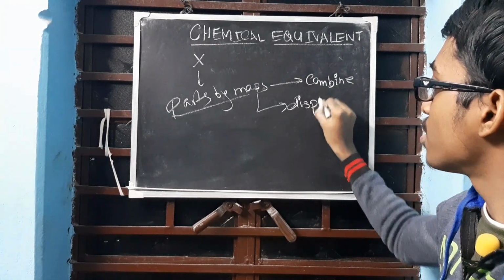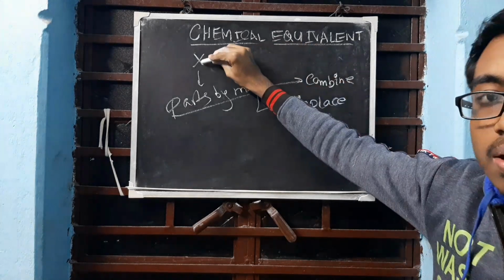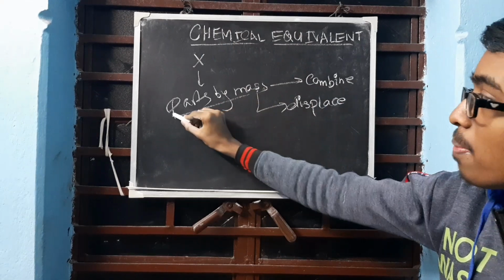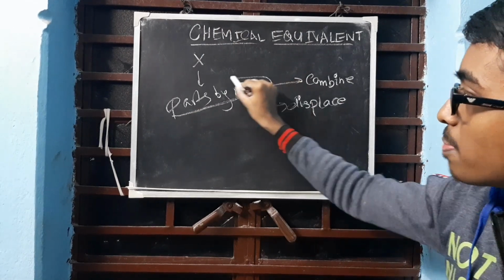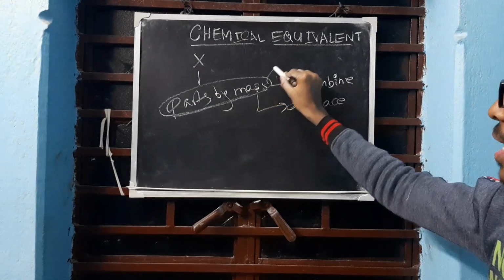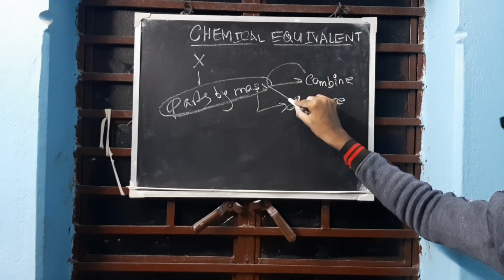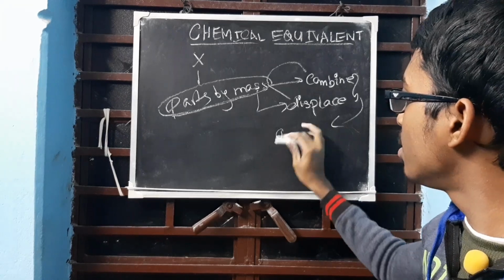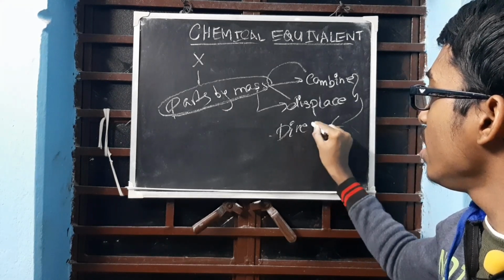So again I am discussing from the first. Equivalent weight is the amount of parts by mass of a substance that combines or displaces. These two things are happening either directly or indirectly.